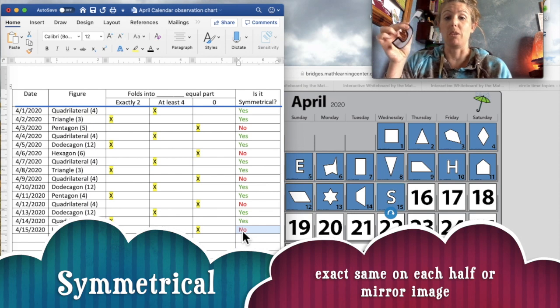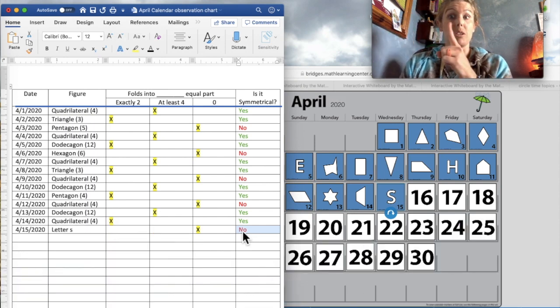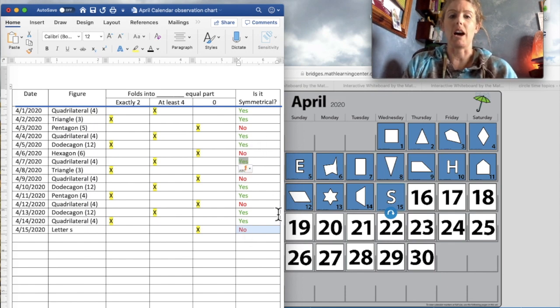Not symmetrical there. All right, was your guess right? I think some of us were on if they were symmetrical or not. We're seeing a lot of patterns here. Yes, yes, no, yes, yes, no. And then here we always have at least 2, no, at least 2, no, at least 2, no. Kind of goes back and forth.